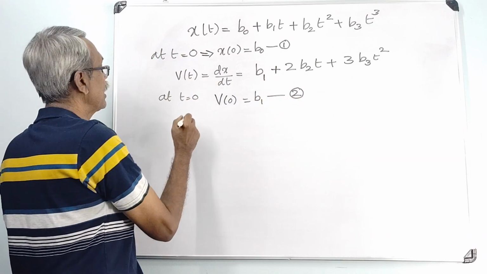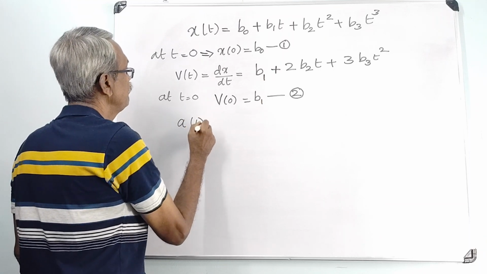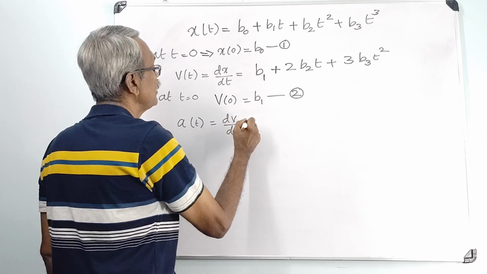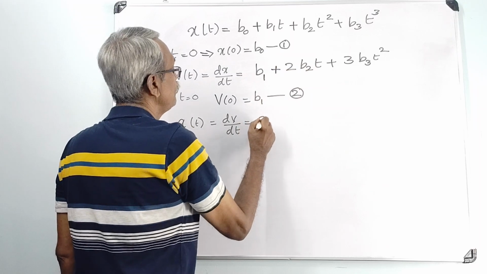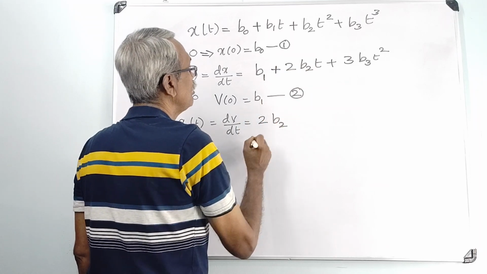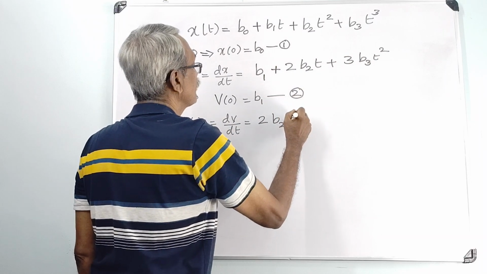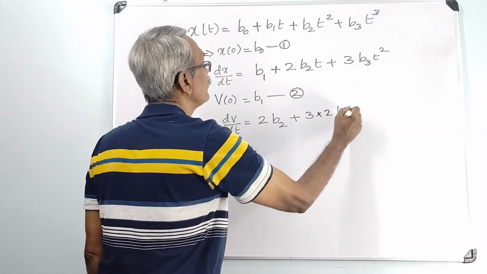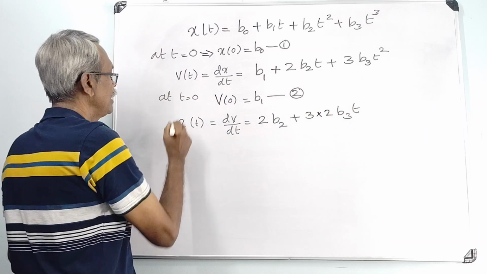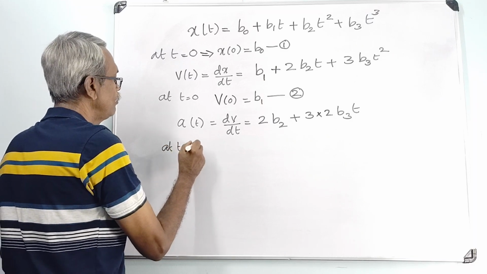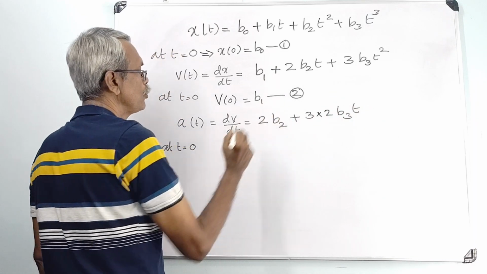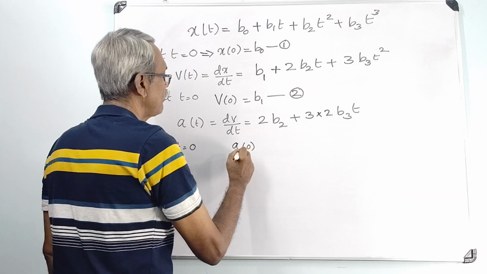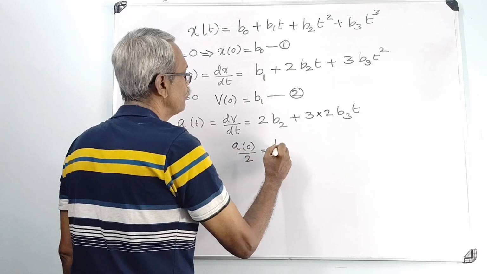Now we find the derivative again. A as a function of time is equal to dv by dt, that is equal to b1 is a constant, 2b2 t when derivative is taken will become 2b2, and 3b3 t square when derivative is taken will be 3 multiplied by 2b3 t. And here also at t is equal to 0, these terms will cancel and 2b2 alone will survive, and we can see that a0 divided by 2 is equal to b2.